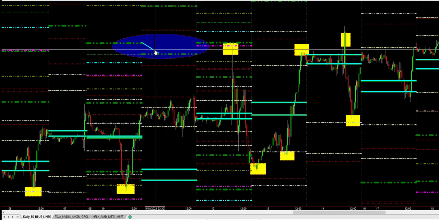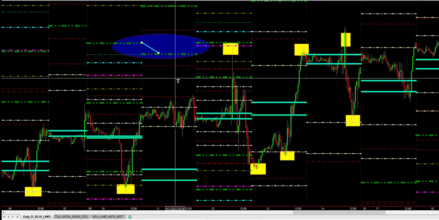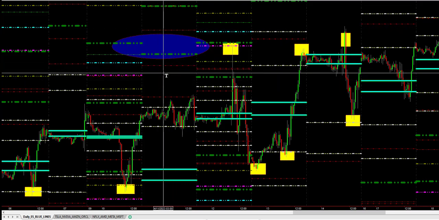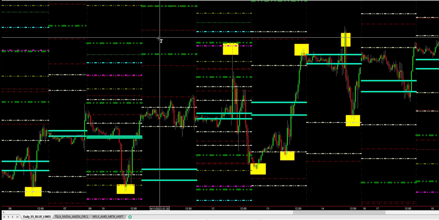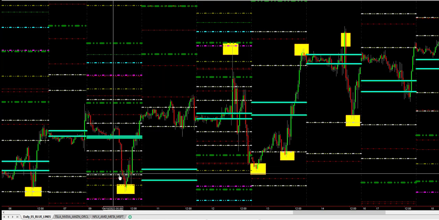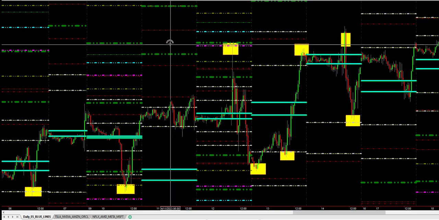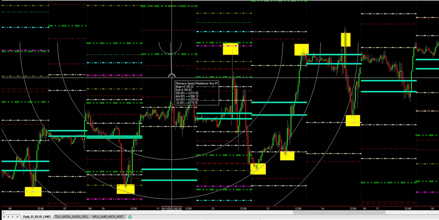Every software tool has this measurement model, and the model is the circle. So we use Fibonacci speed and resistance lines, and we are going to measure it like this. And I'm only displaying half of it.